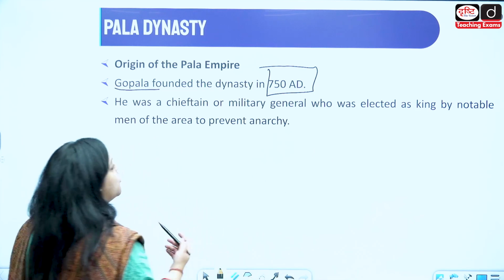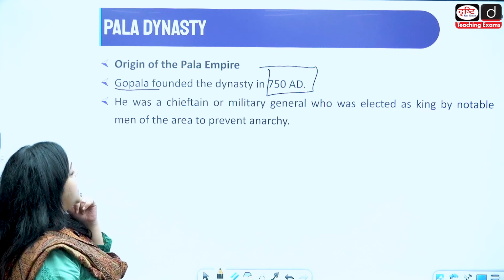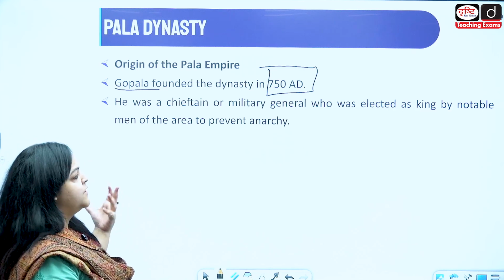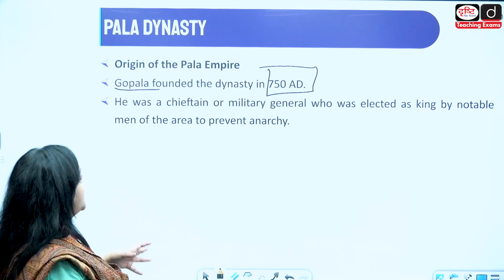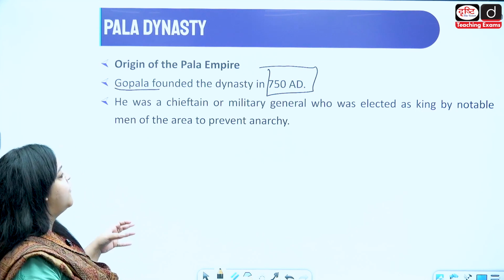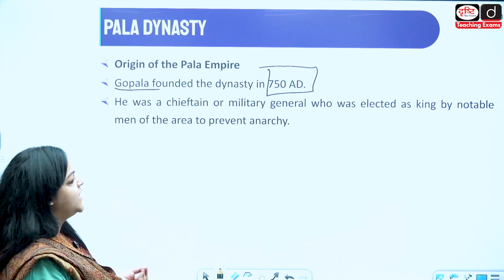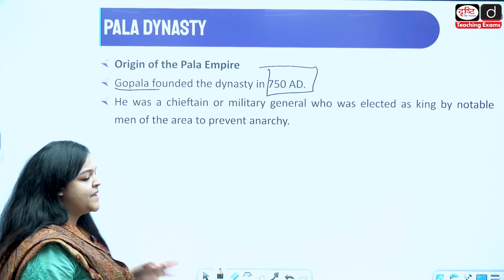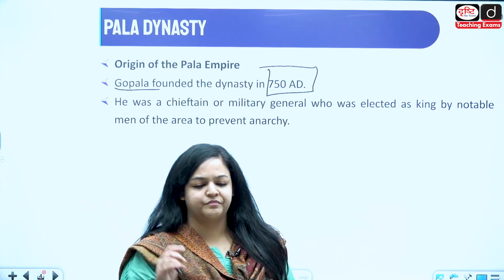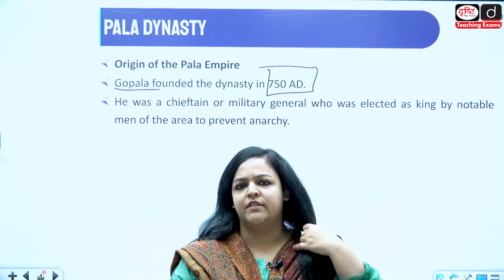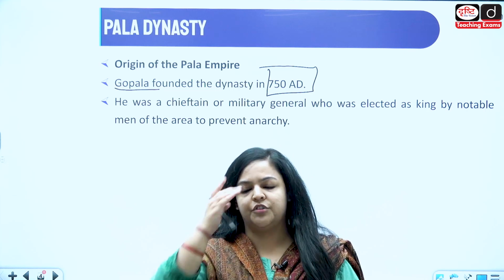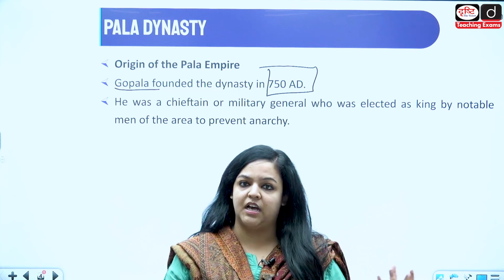So who was Gopal? He was a chieftain, or actually a military general, who was elected as a king by notable men of the area to prevent anarchy. Let me explain how this works. I'm sure you understand the concept of Ikta, the concept of Samantwad, the concept of Samantas, right?